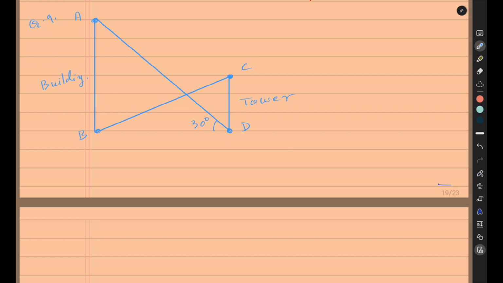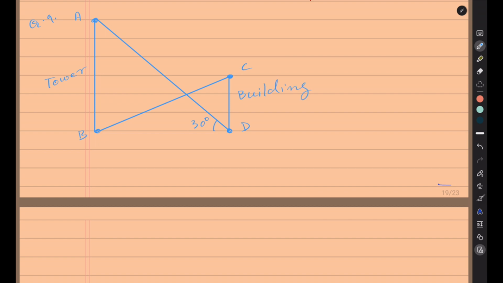But we can very easily switch this tower and building. I will tell you why. This is basically the tower and this is the building.